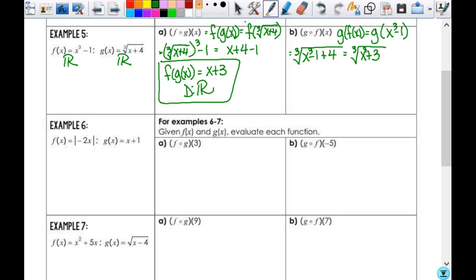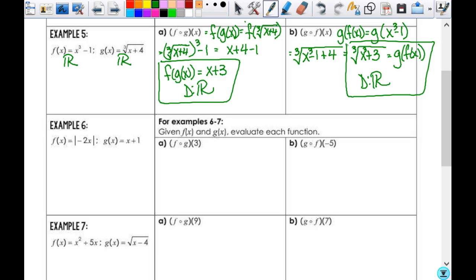Can I go ahead and take the cube root of that x cubed? No. Okay, so can I do anything else here? No. That is g of f of x. And what's my domain? All real numbers. Good. Any questions at this point?